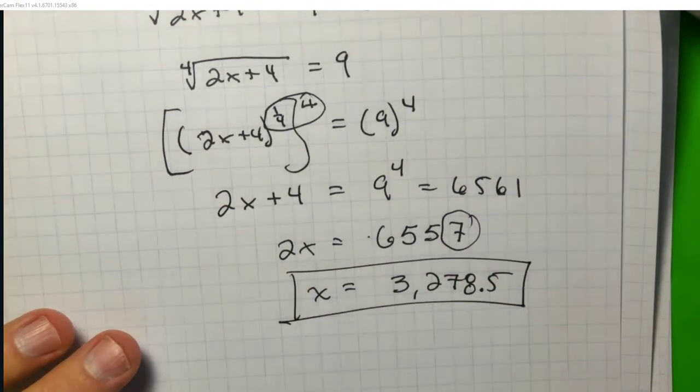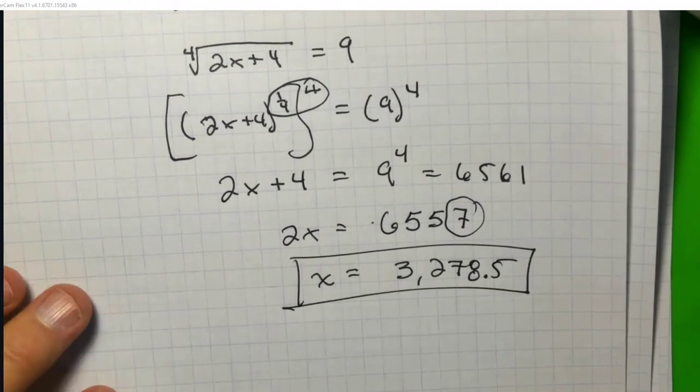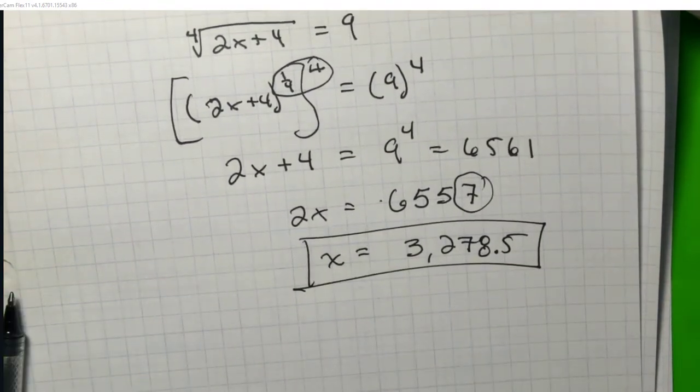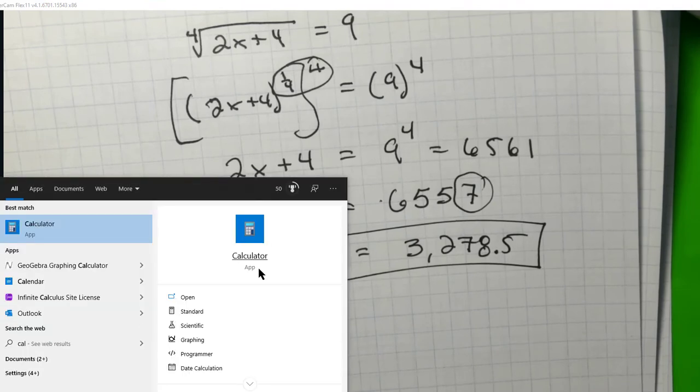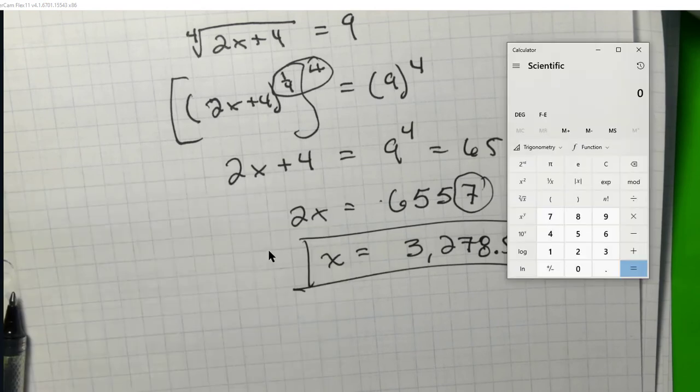Now, you should check this. So let me get my calculator open. I didn't open my calculator, I'm sorry. So the first thing I'm going to do is clear it, which is right there. And 2 times 3,278.5, if I recorded it right, is that.